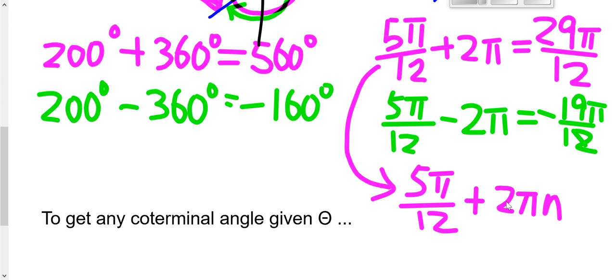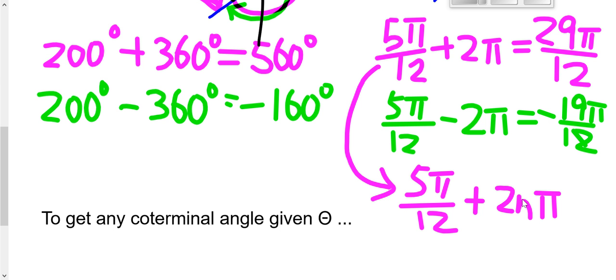You can write down 2 pi n, or, to me personally, more preferably, 2n pi, because it tells you how many rotations there are. If that's only one rotation like this, n would be 1, then 1 times 2 pi gives you 2 pi. Okay, so on and so forth.